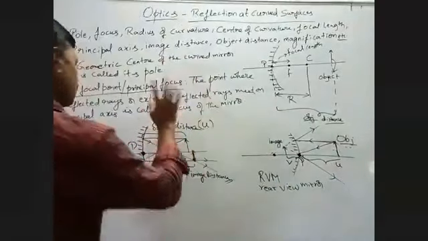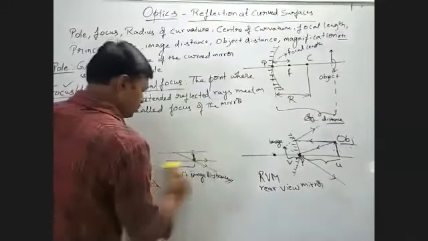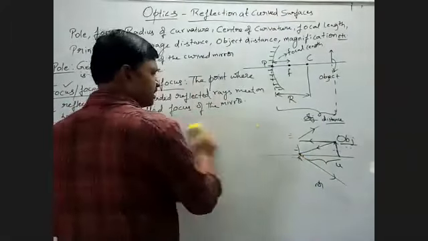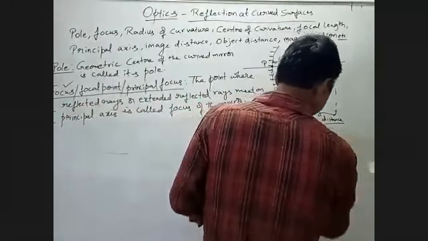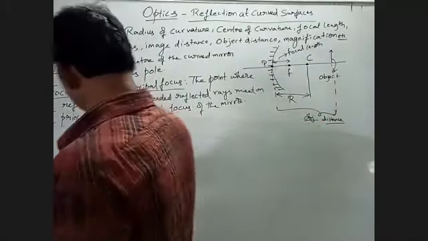Now let us write the definitions. How do we write the definition? The distance of the object, all the distances we are measuring from the pole only.